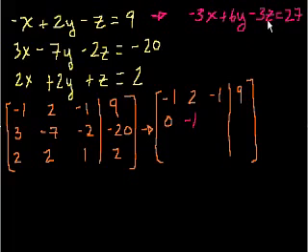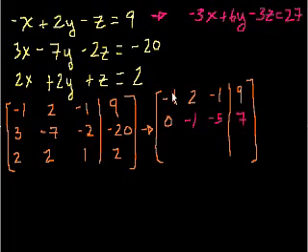And then minus 3z plus minus 2z is equal to minus 5z. This is very computationally intensive, you can tell. And then 27 plus minus 20, that's just equal to 7.